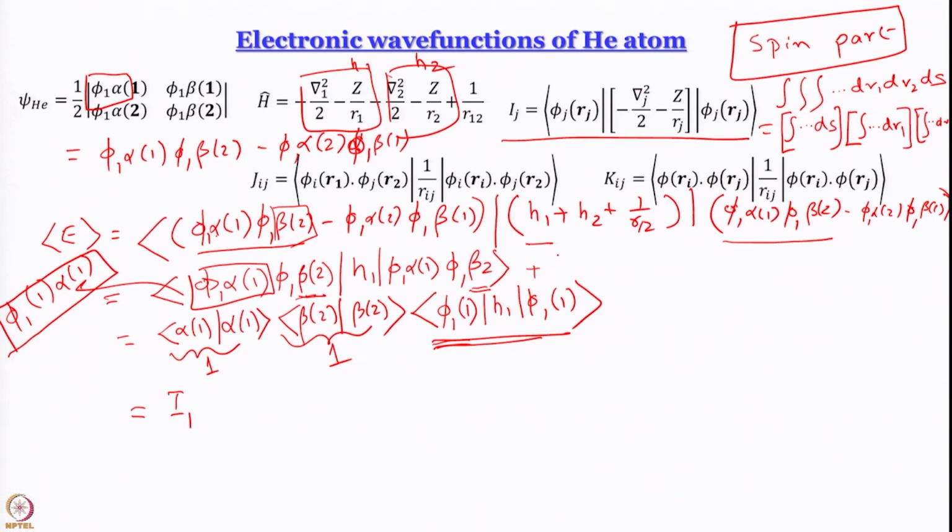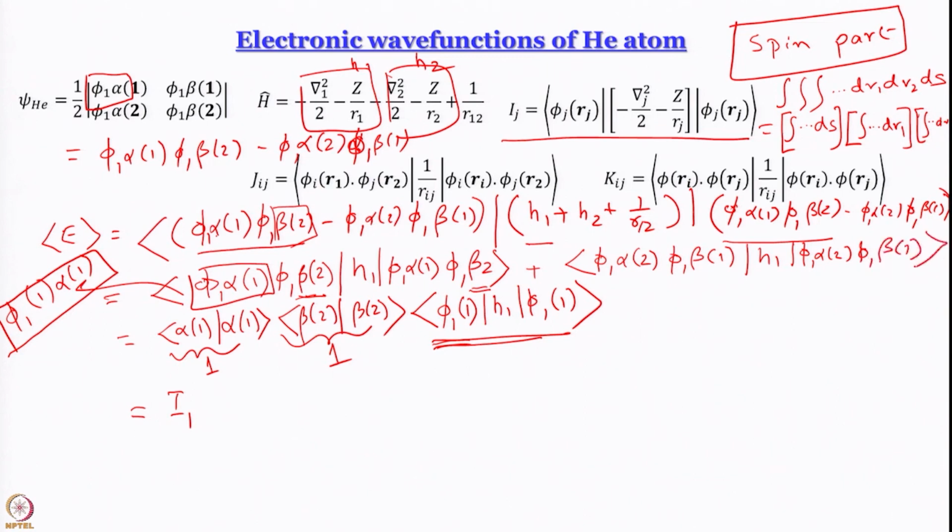Second one will be minus phi 1 alpha 2 phi 1 beta 1 H1, then I will take this minus. So, minus minus it will become plus, and the integral will be something like phi 1 alpha 2 phi 1 beta 1. What did I say I will take, H1 or H2? Let us take H1, phi 1 alpha 2 phi 1 beta 1.